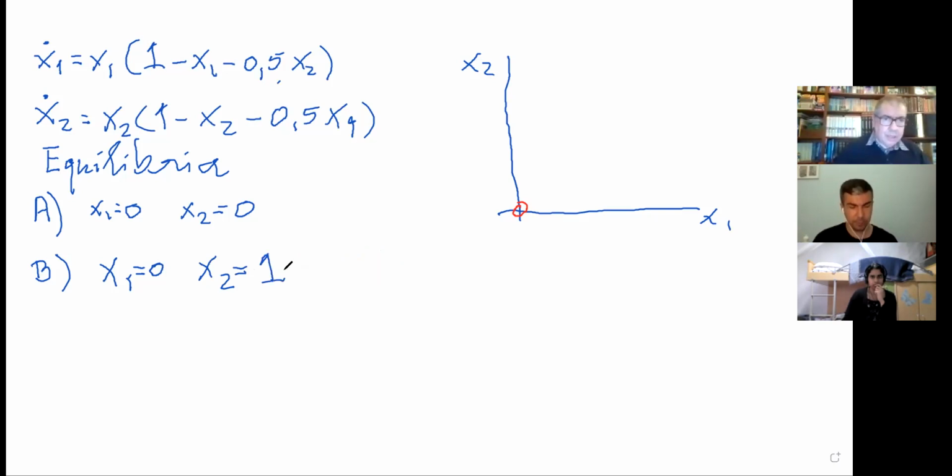So you have another point, this is point A, this is point B. Now, point C. Maybe by symmetry.